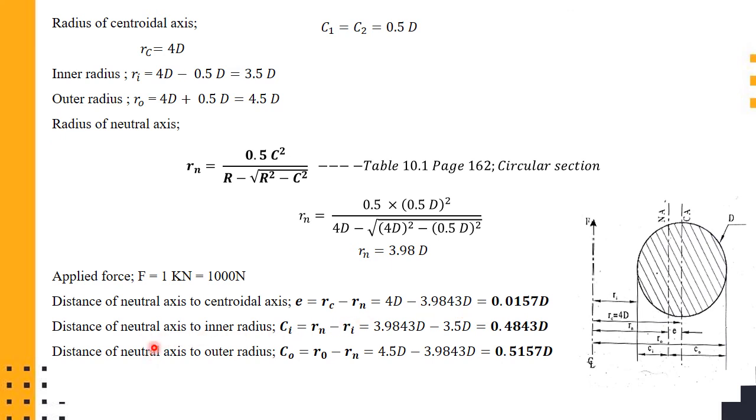Then next is Ci. We have not calculated Ci. All these things we need to know the exact value. Once we get the value for D, we need to calculate all these things. That is what is mentioned in the problem, that is to calculate the dimensions. So Ci, you know the formula, that is Rn, radius of the neutral axis, minus Ri, the inner radius.